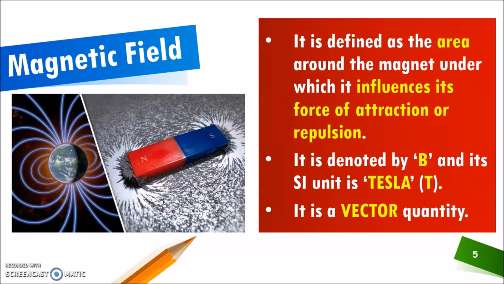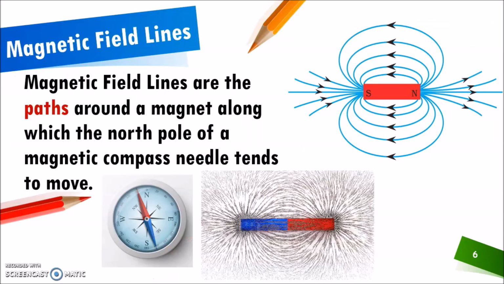Okay, students. Now, magnetic field lines, the most important topic. What are magnetic field lines? Magnetic field lines are the paths around a magnet along which the north pole of a magnetic compass needle tends to move. Is it clear, students? Magnetic field lines around a magnet can be observed by sprinkling iron filings around a magnet like this.